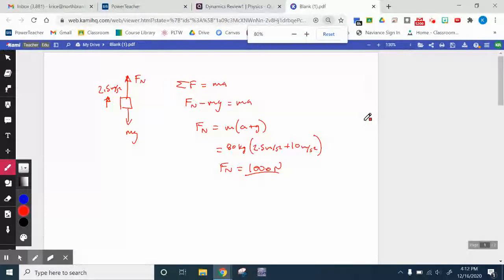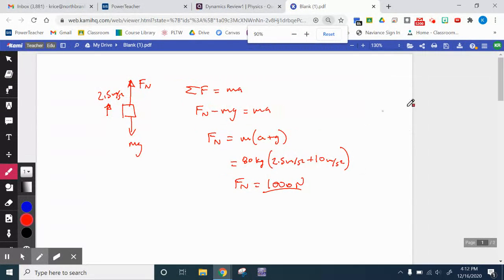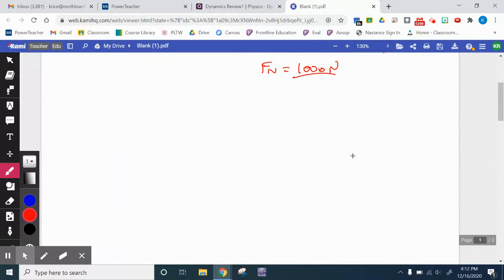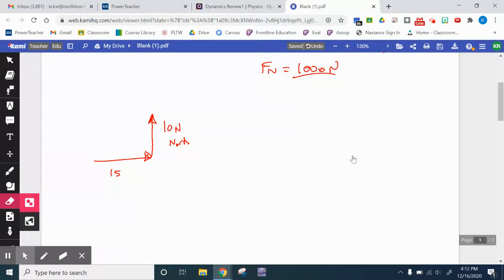All right, we said 15 due east, so we've got a force here of 15 newtons east. And we've got 10 newtons north.